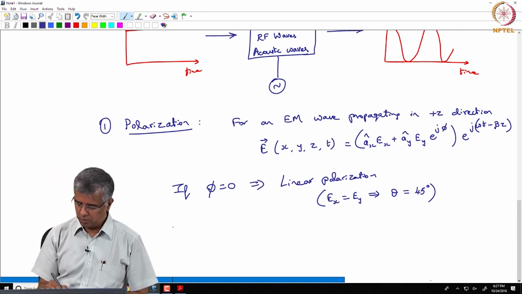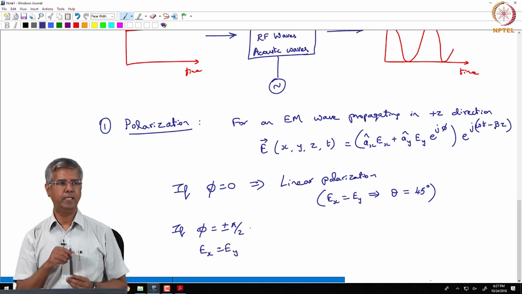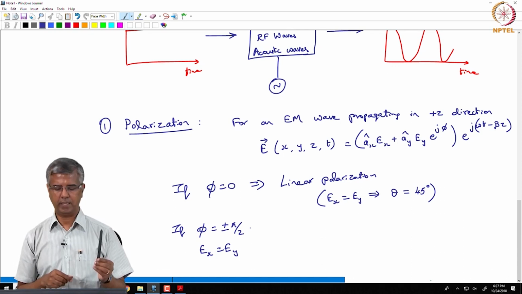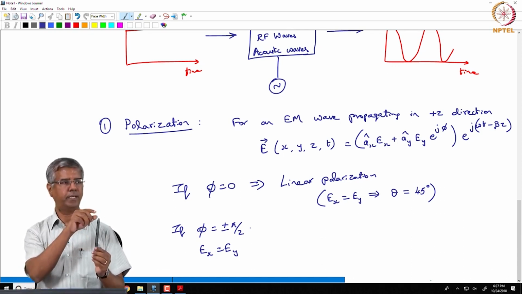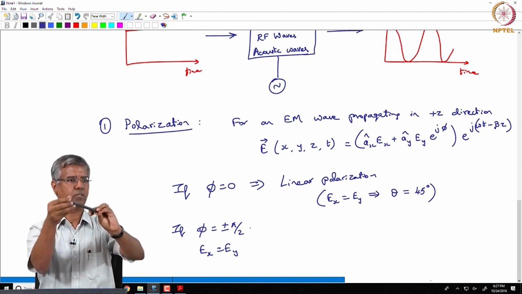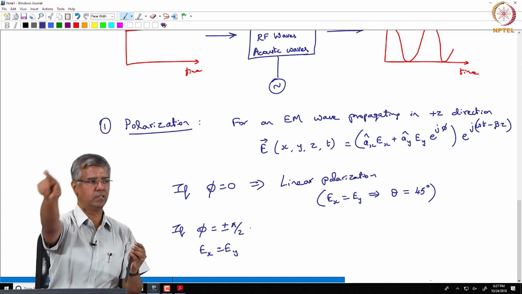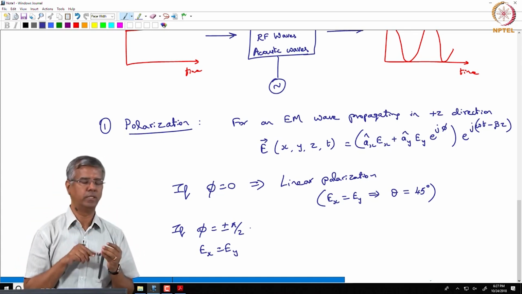Okay. Now, if phi equals plus or minus pi by 2 while Ex equal to Ey, what you will find is that your electric field vector is going to trace a path that is going to be a circle as it propagates in the z direction.